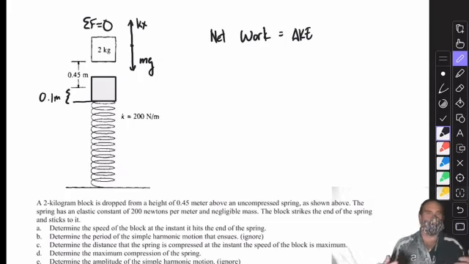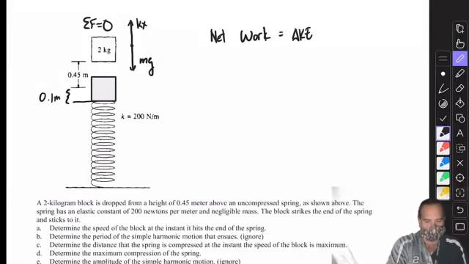If I want to figure out how fast it's going, if I look at the total work done to the block, I should be able to figure out how much the kinetic energy changed. So let's look first at the fact that there's work done by gravity on the block, right?